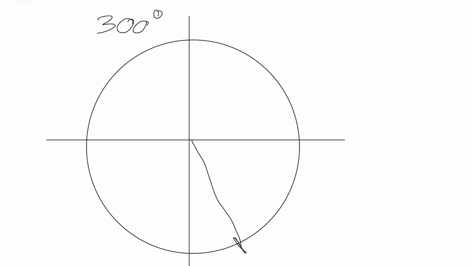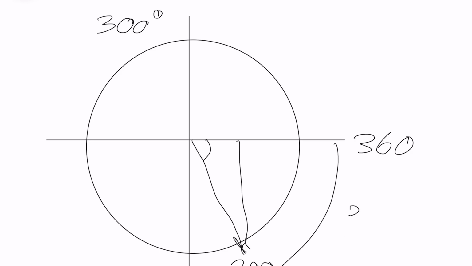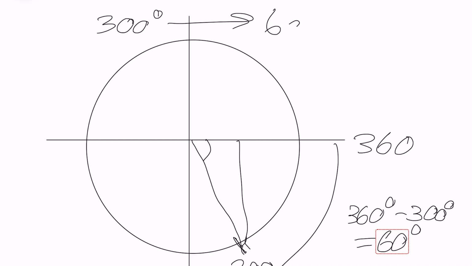So because 300 degrees is over here, we are trying to find the reference angle in the fourth quadrant, which is this angle. So to find this, we know that this is 360 degrees and this is 300 degrees. So how many degrees are in between? 360 degrees minus 300 degrees is equal to 60 degrees. So the reference angle is 60 degrees.